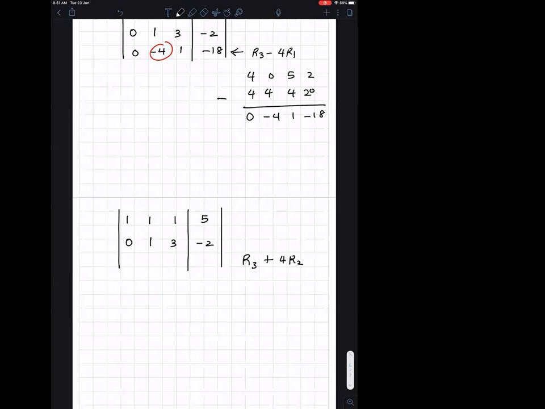Row 3 is 0, minus 4, 1, minus 18. 4 times row 2 is 0, 4, 12, minus 8. If you add them up, you get 0, 0, 13, minus 26.